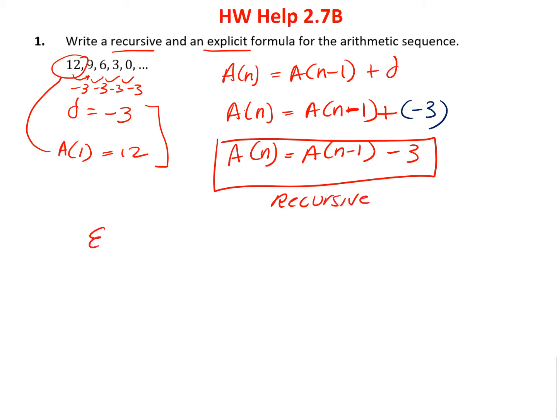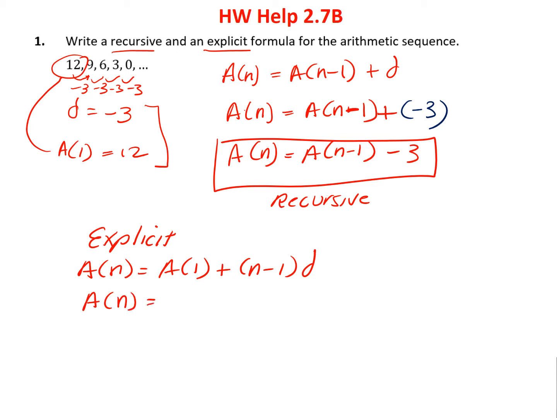Now for the explicit, it's a little different. It also tells us what the nth term is, but it starts with the first term, and then plus n minus 1 times the common difference. So those are our two things again. So we'll have a sub n equals, and our first term we found up there was 12.